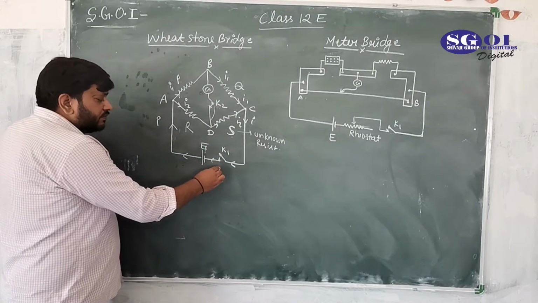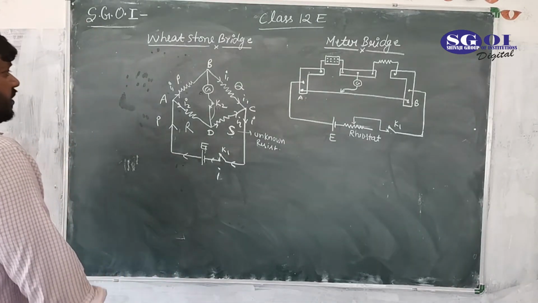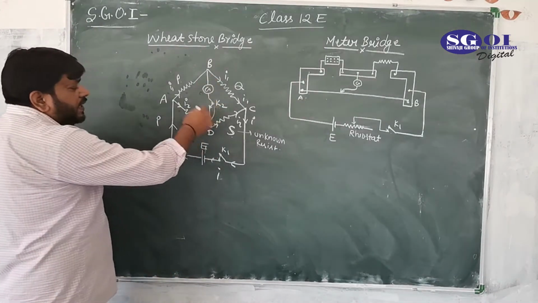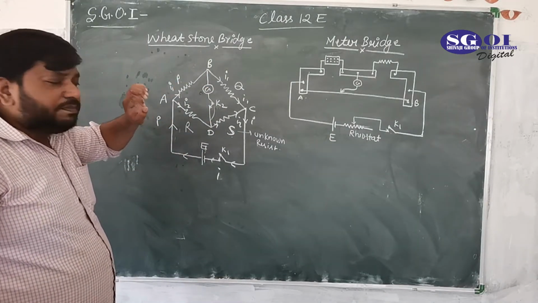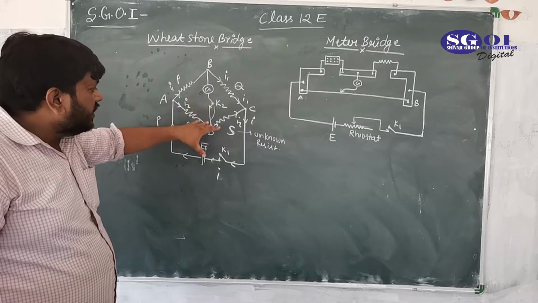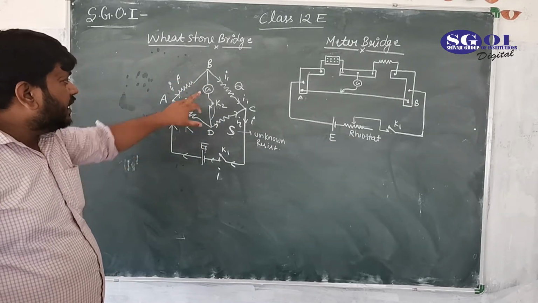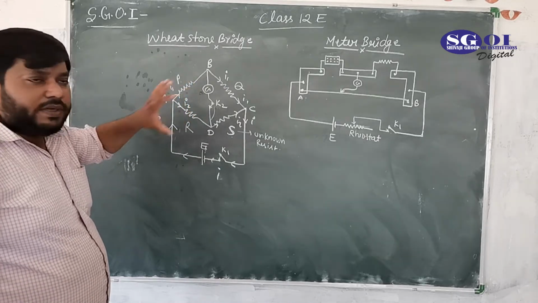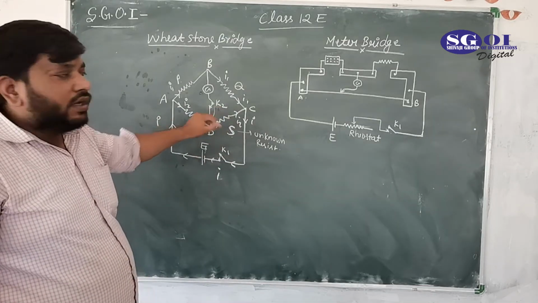So our circuit current distribution is completed, and we have seen the meaning of balancing of the bridge. At the balancing situation, the current in this arm is 0, which is known when there is no deflection in the galvanometer after pressing the key K2.